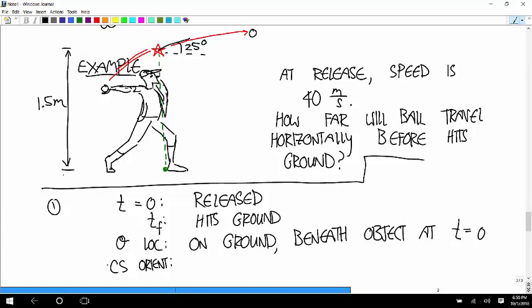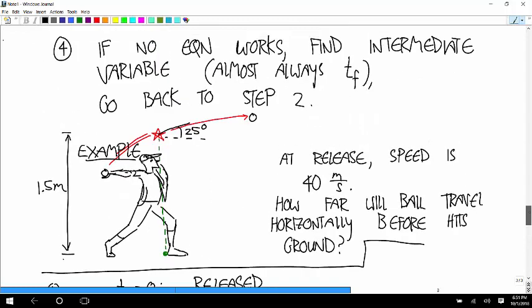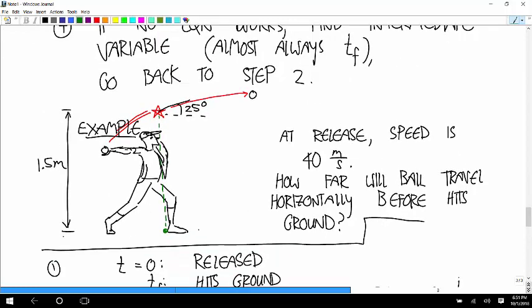And then the coordinate system is going to be oriented with the y-axis up and the x-axis horizontal in the direction of motion. So if I draw this coordinate system, it's on the ground right here with x pointed that way and y pointed that way.